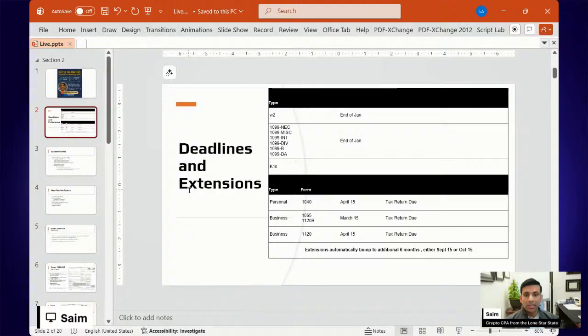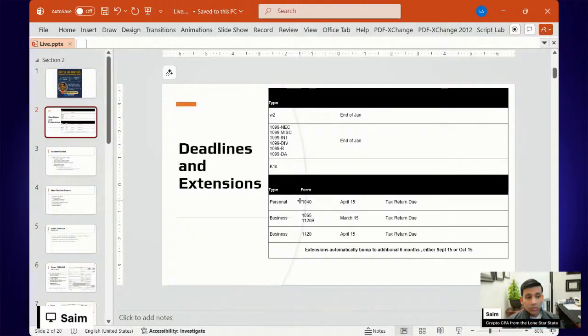So expect a little bit of delay that could happen. Don't jump the gun and email your exchanges. Don't worry too much about it. So W-2s, end of January. All of the 1099s that you're going to be receiving also by the end of January. The new 1099 DA form, pretty much the same, but I think it probably would be maybe in February as well. So just be patient.